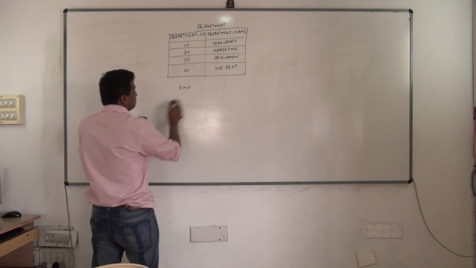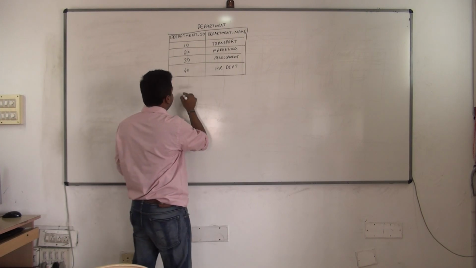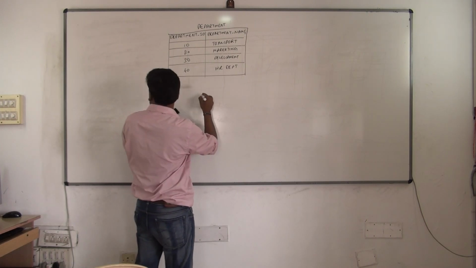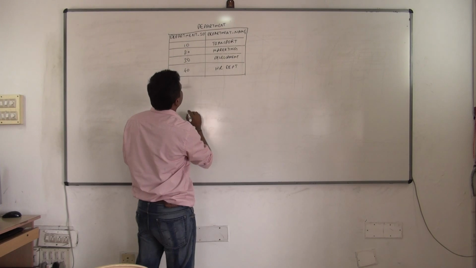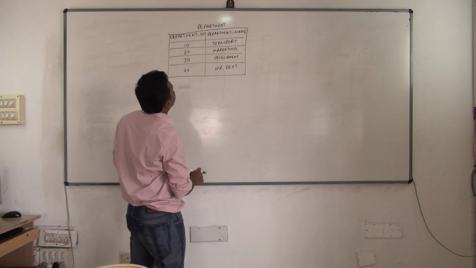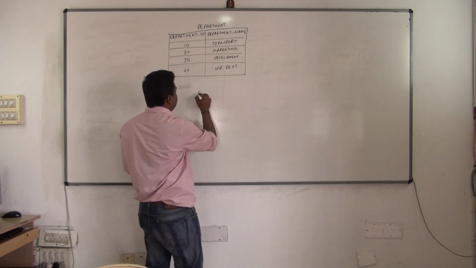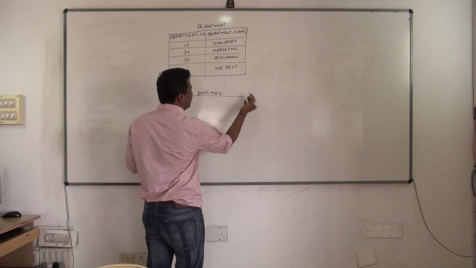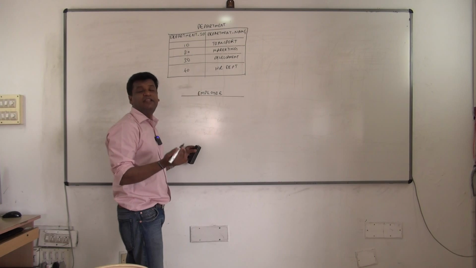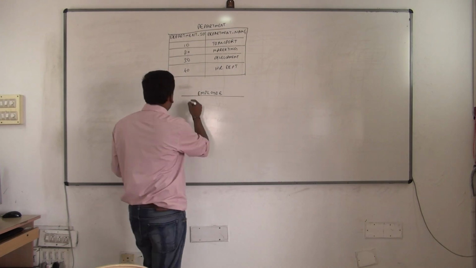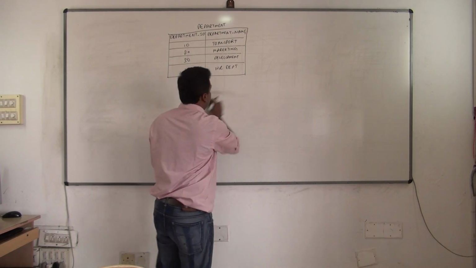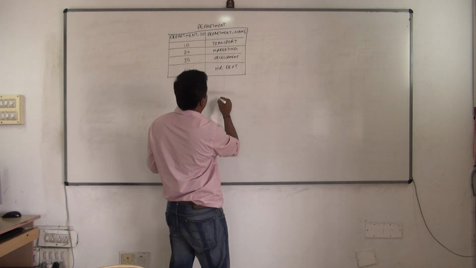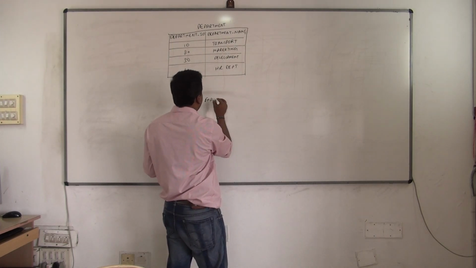I need space. So I'll use some shortcuts here. I cannot write everything because I'll run short of space. I'll write EMP_ID like that. Employee_ID, first name.